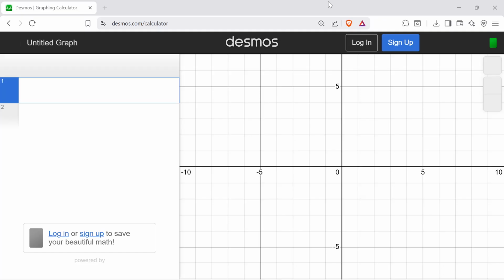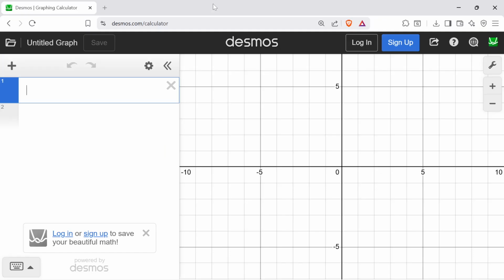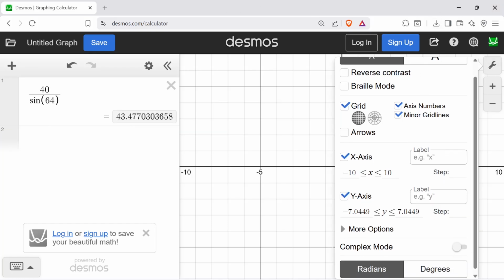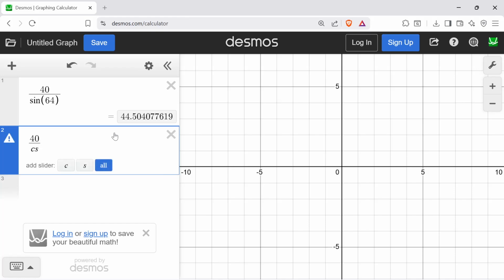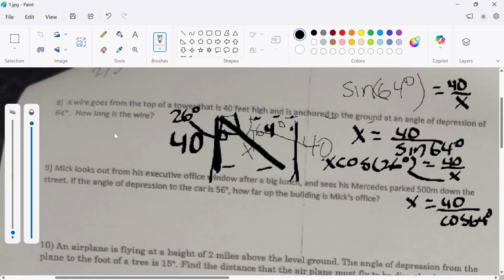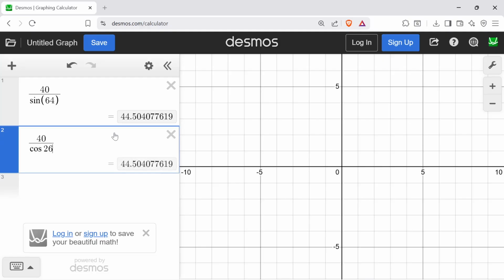So I'm going to show on Desmos that both of those are going to be the same. 40 divided by sine 64, and then I have to check on your TI-84 that you're in degree mode. I'm in degree mode. And then I do 40 divided by cosine 26 degrees. And you'll see it comes out to the same, 44.5.